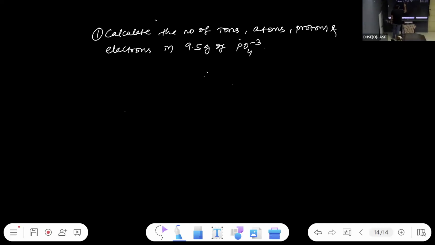Okay, look, other students. Now let me see the solution. Phosphate is present in the ionic form. So given mass is 9.5 gram. What will be the number of moles of phosphate? That is given mass divided by molar mass.